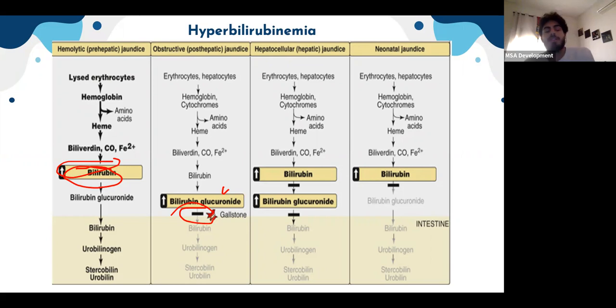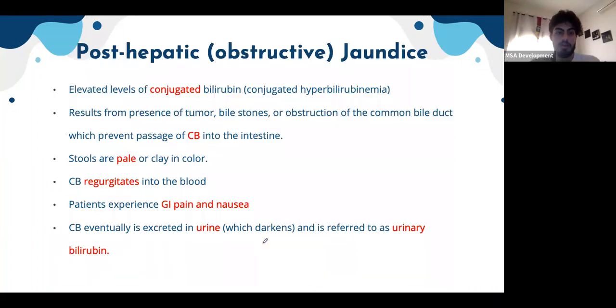This obstruction is not allowing it to go through the cycle, and we have an increase in bilirubin glucuronide or diglucuronide, which is the exact same thing, which means we have an increase in conjugated bilirubin. You can see it here. So we have elevated levels of conjugated bilirubin, which is called conjugated hyperbilirubinemia, and this results from the presence of different things.